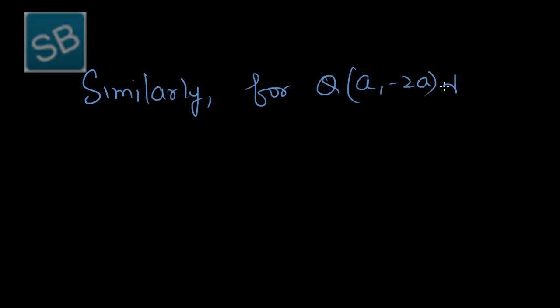Similarly, for point Q, we'll have the coordinate a, minus 2a and parametric form, that is Q is a t2 square, 2a t2.